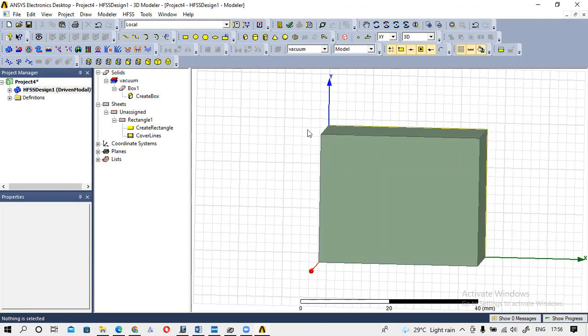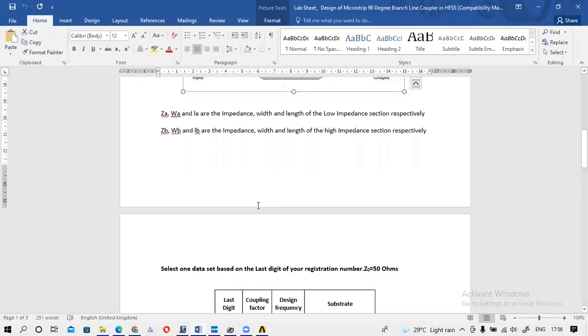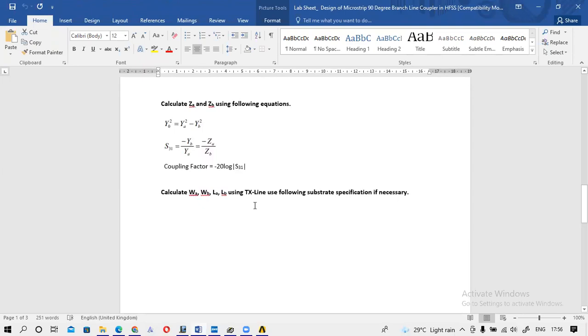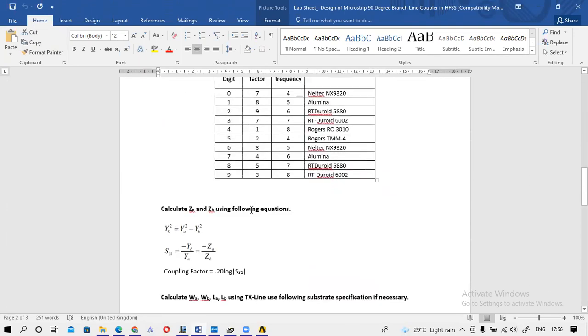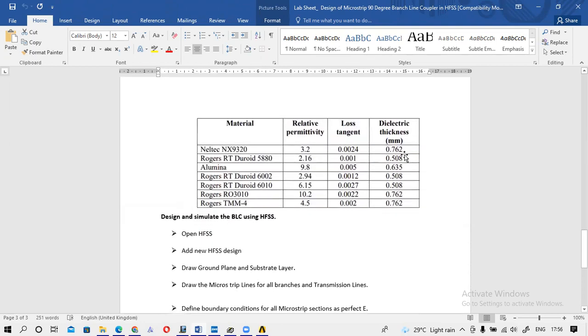And the thickness should be 0.762. Sorry, 0.762. This one is the thickness of the dielectric material.